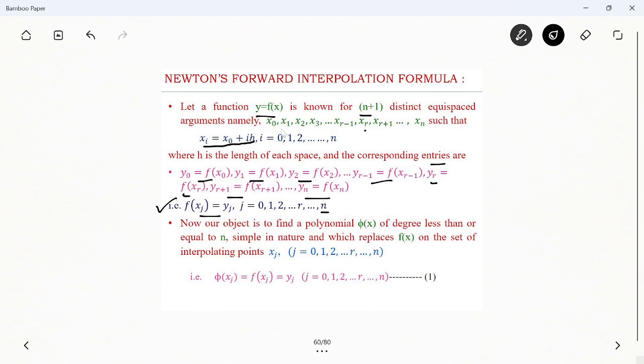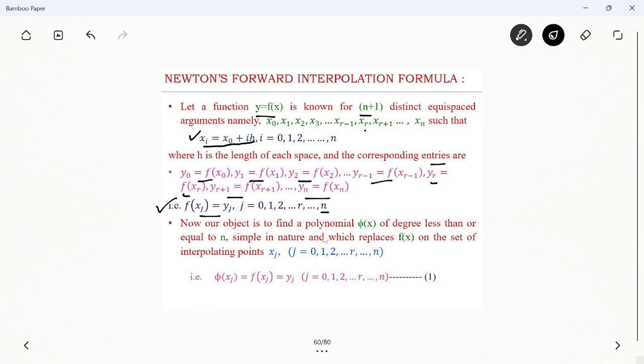So we have the values x0, x1, x2 up to xn, and the corresponding values y0, y1, y2 up to yn, all given here. Then we have to remember xi equals x0 plus ih and yj equals f of xj, j from 0 to n, here also i from 0 to n.